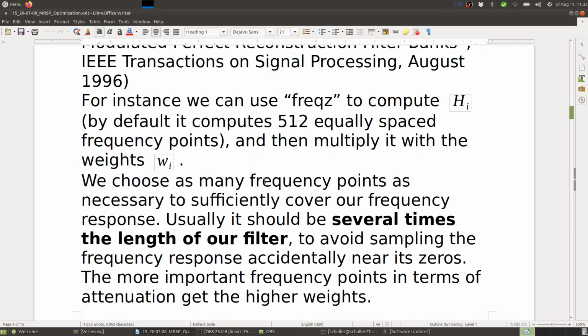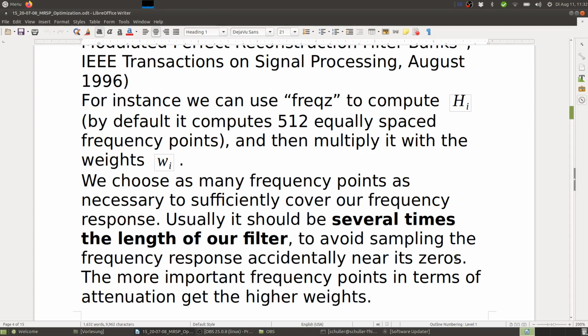So we choose as many frequency points as necessary to sufficiently cover our frequency response. Usually it should be several times the length of our filter to avoid sampling the frequency response accidentally near its zeros. So remember, for the sinc function, which comes from an ideal low-pass filter, you have regular zero crossings, and we all want to avoid sampling the frequency response at those zero crossings.